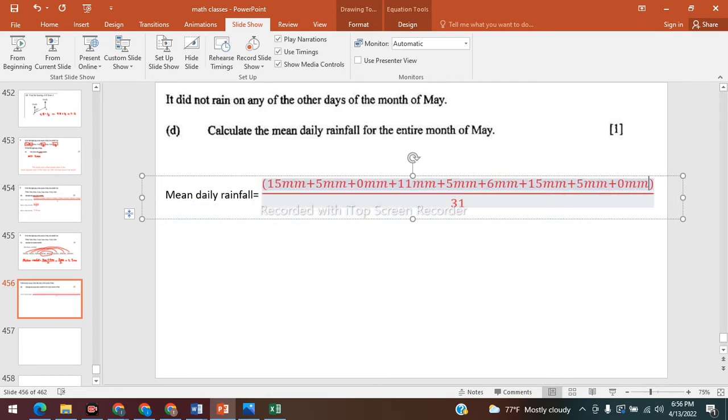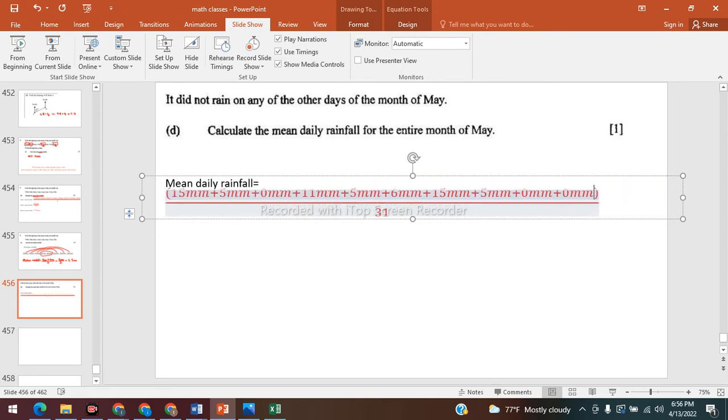So currently we only have 8 days, but we know the month has 31, so we account for the other days: 0 plus 0 plus 0 all the way to 31. We're not going to do that because all of them are just 0, so it's equivalent to 0.